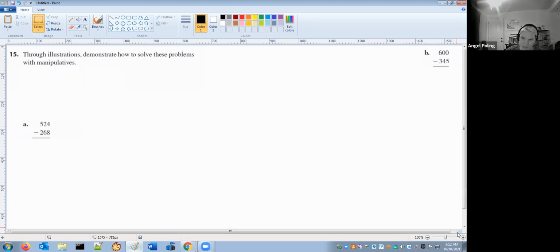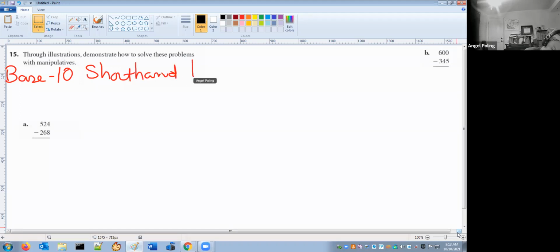Let's start by making our base 10 shorthand. We need that key. So we'll need units, tens place, and hundreds place, where a unit is 1. A group of 10 units is 10, and a group of 10 tens is 100.